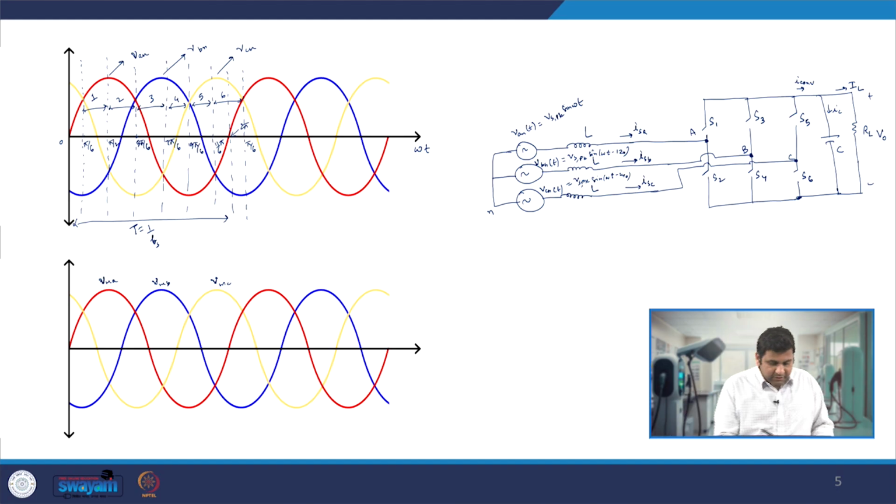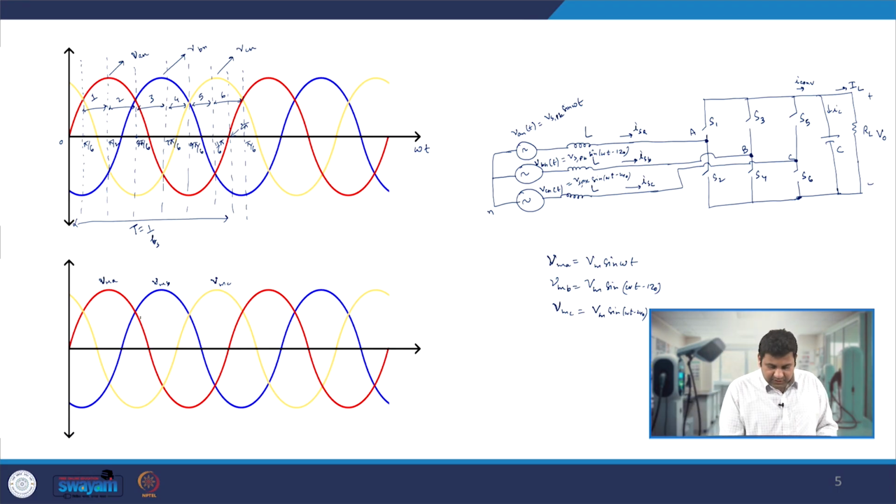And we know that modulating wave of phase A, VMA, is nothing but Vm sin omega t, VMB is nothing but Vm sin(omega t minus 120), and VMC equals Vm sin(omega t minus 240).